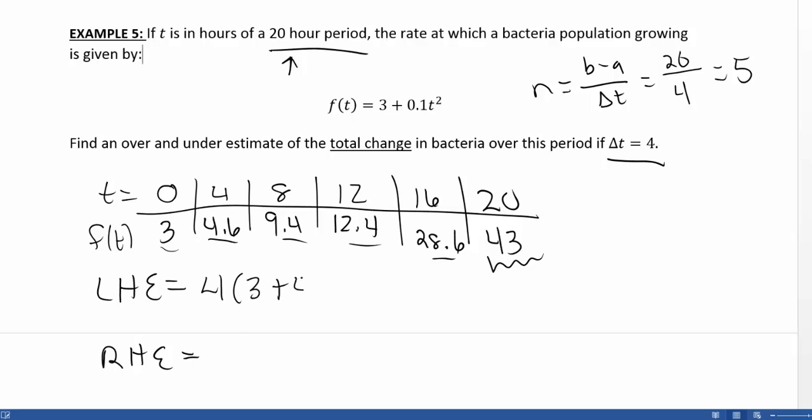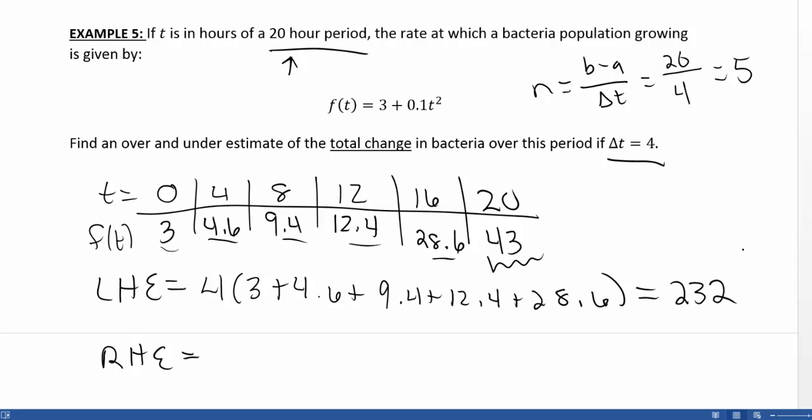So 4 times 3 plus 4.6 plus 9.4 plus 12.4 plus 28.6. If you're more comfortable multiplying each one by 4 individually, that's fine. It means the same thing. So when you crunch this number, you get 232 bacteria.